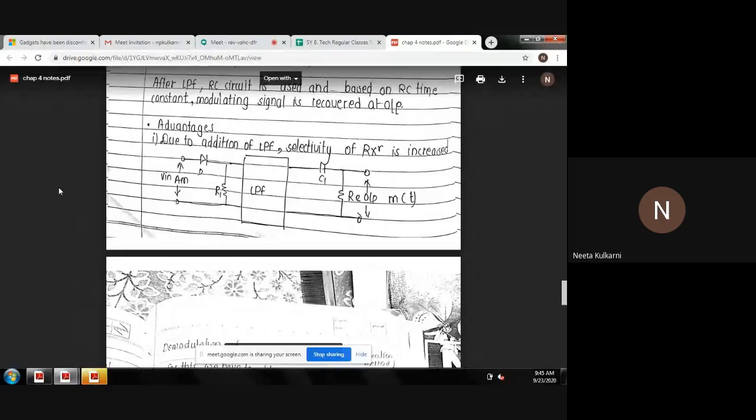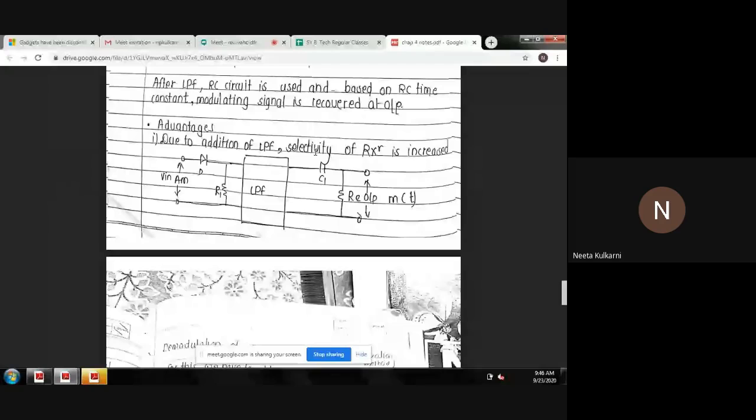Required frequency म्हणजे आपली modulating signal ची frequency आहे. मग जास्त एक्झॅक्ट प्युअर मॉड्युलेटिंग सिग्नल आपल्याला कुठल्या टाइप मध्ये मिळतोय दोन्हीपैकी? Rectifier. That's why the advantage of rectifier is, due to addition of low pass filter, selectivity of the receiver is increased. लक्षात येतं का दोन्ही मधला डिफरन्स?